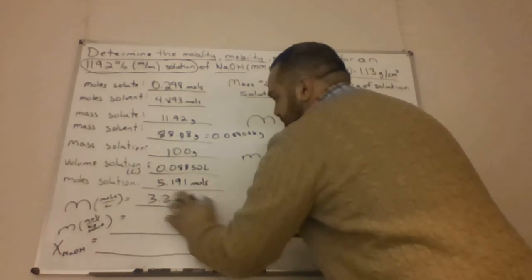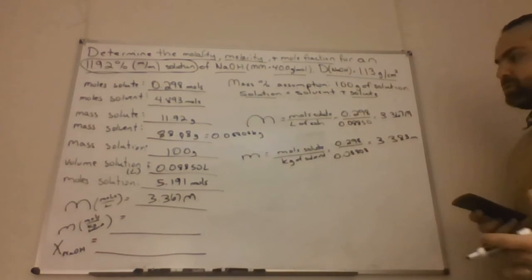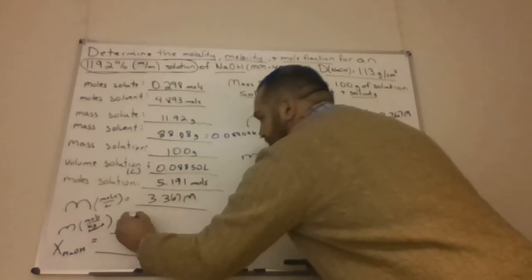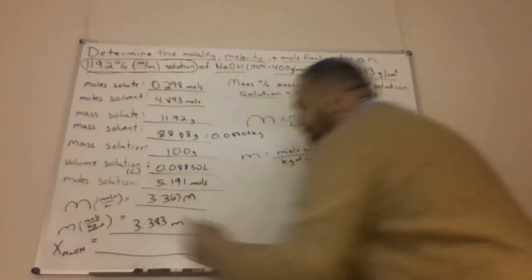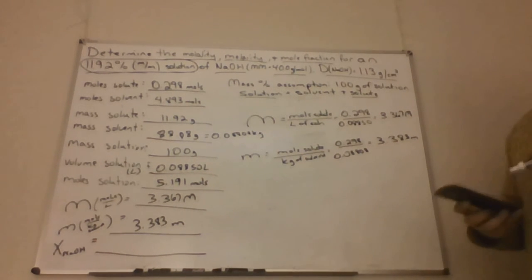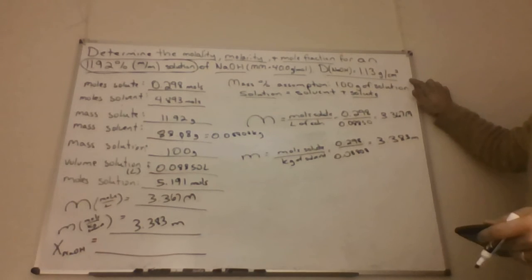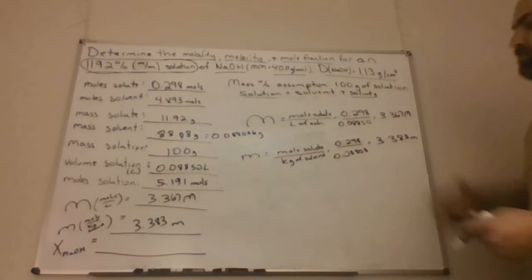Let's change this so we show you that they're different. So I wrote 4 significant figures instead of 3. Now we know the molarity, we know the molality. They're not too far apart because, again, the density of the solution is not that far from 1.